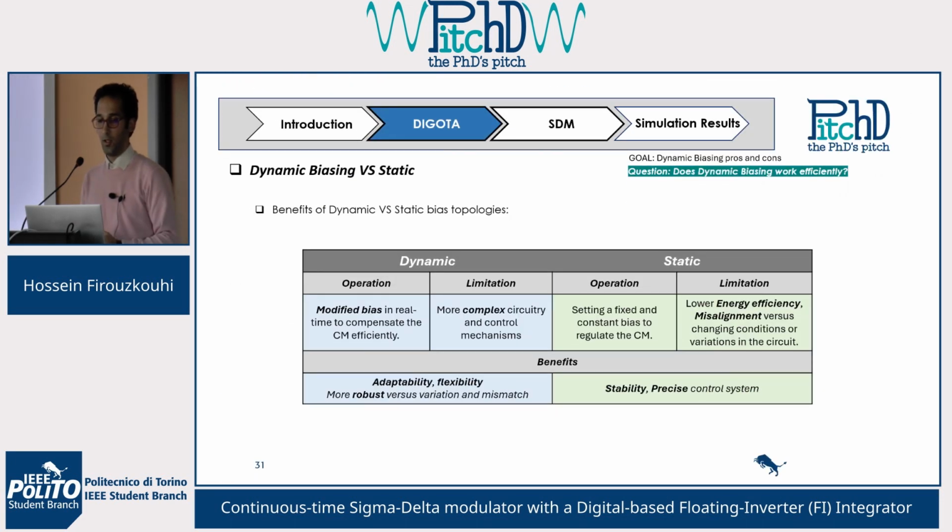So this is the summary of the benefits if we use the dynamic or static bias topology in our case. In dynamic we have more complex circuits which modify the bias current more efficiently, and it has many benefits over power consumption and is more adaptable.